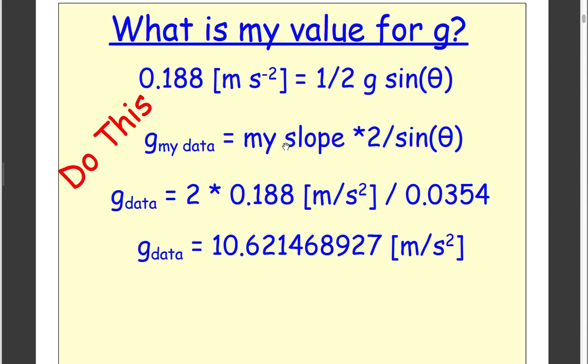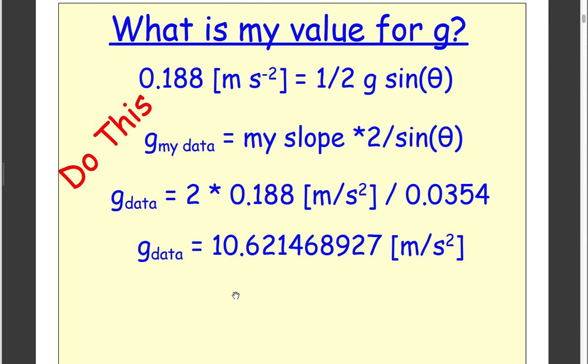G from my data should be my slope times 2 divided by sine theta, just simply rearranging this equation. So when I plug in my value for sine theta, 0.0354, and I plug in my value for slope, 0.188 meters per second squared, I double my slope and divide by sine theta, I get g for my data is 10.621468927 and so on, meters per second squared.